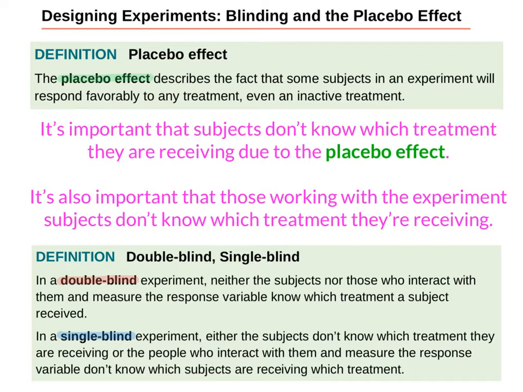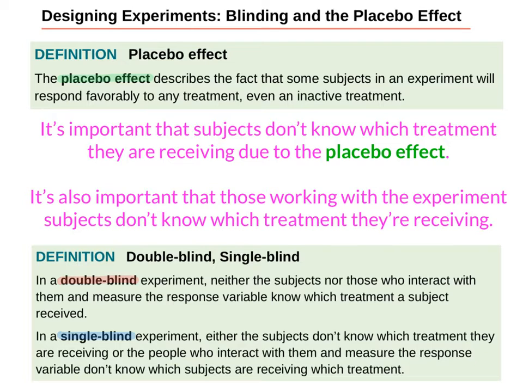That brings us to the two types of experiments, or what we call the two different kinds in terms of the placebo effect. The first is double blind. That's where nobody, except for your statistician, of course, somebody should know what's going on, but the people receiving the treatments and those that are working with those receiving the treatments, they don't know what treatment the groups are getting.